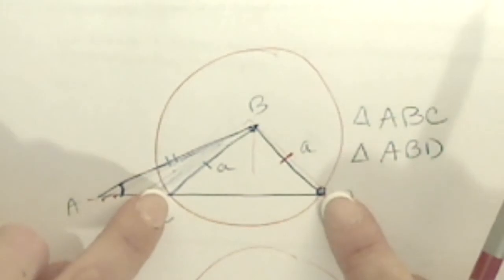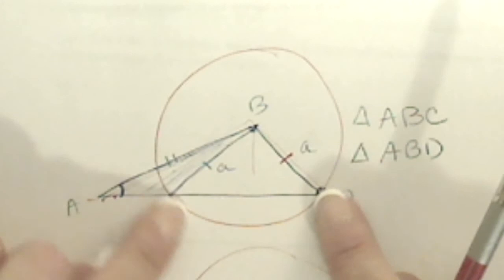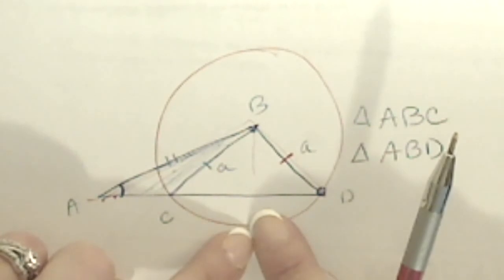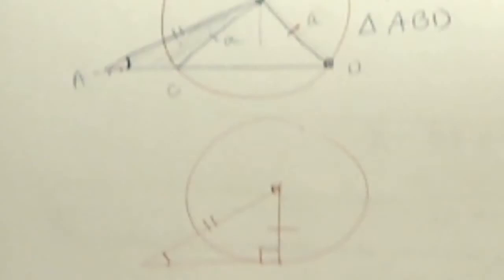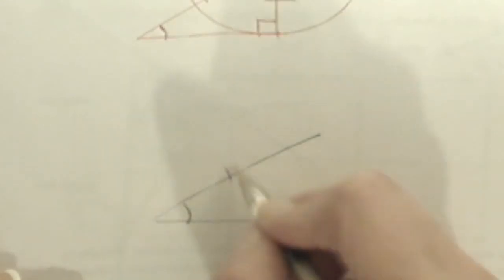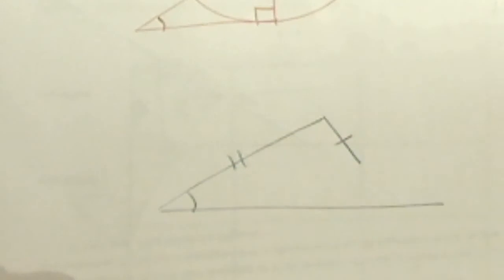So picture, when I get good enough, I'll do this with Sketchpad and make a new video, moving C and D and making them the same point and angle A being out here, we get a right triangle. And then the third situation I could give you for angle side-side is where you have the angle, you have a side, and you have a third side, but it's too short to even get to the bottom, in which case you get no triangles.